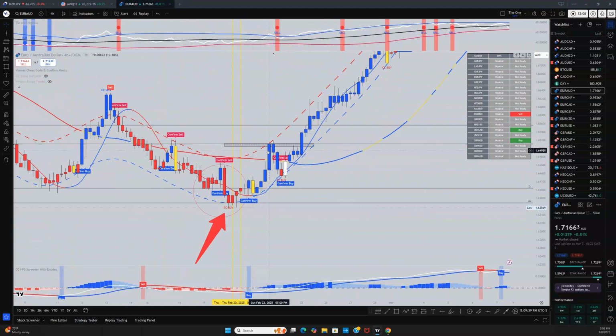If you would have targeted this first level, how many pips would that have been from my entry? About 100 pips. Easy trade off the 4 hour time frame. Okay. Let's go back to our guide.